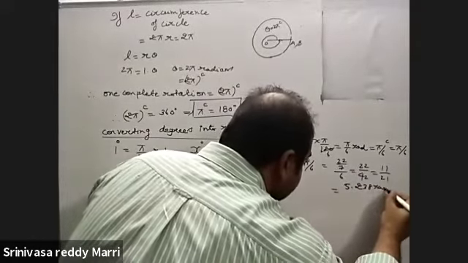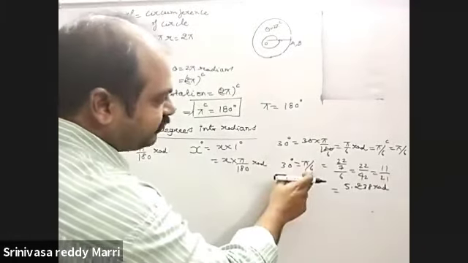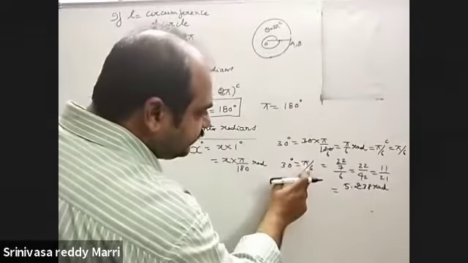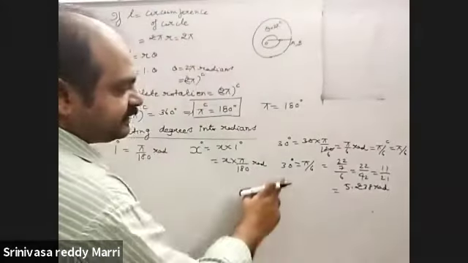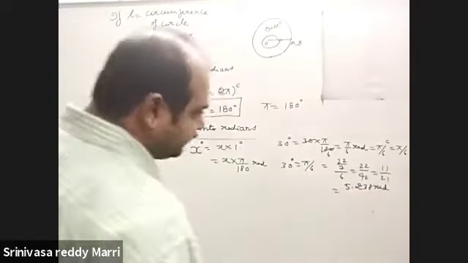You can also write like this. Pi is nothing but 22 by 7. You can convert into numerical value. Angle in pi is this one. That means 30 degrees is also equal to 0.5238 radians.